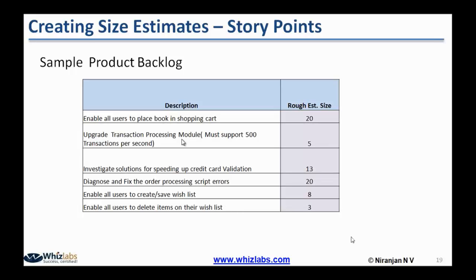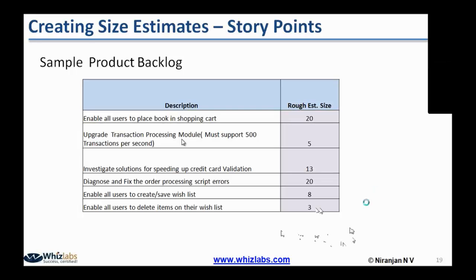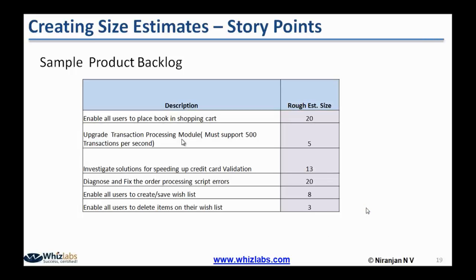One of the ways of determining the reference product backlog item is to take the smallest one. Normally we take the smallest product backlog item as a reference user story or product backlog item.